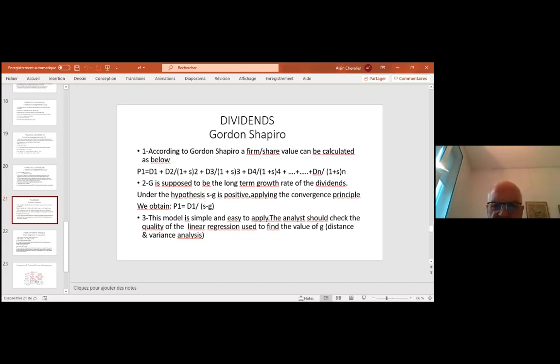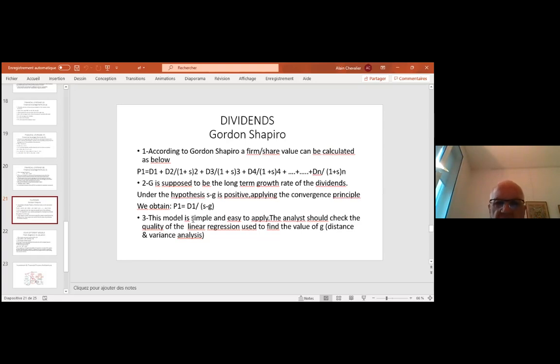Let's assume we have good results for these two elements, and then we can use this formula, which means that if you know D1, for example, and P1 because the firm is listed on the stock market, and you have found S using the leverage formula, you can calculate G, which is the long-term growth rate of the dividend.